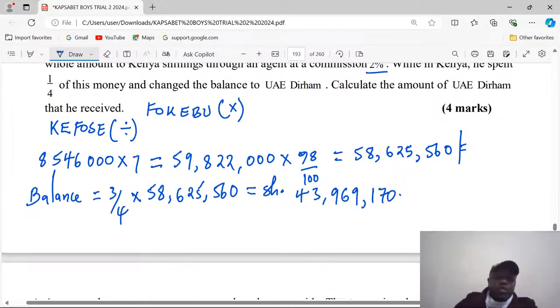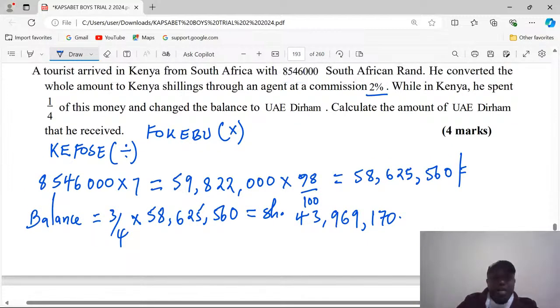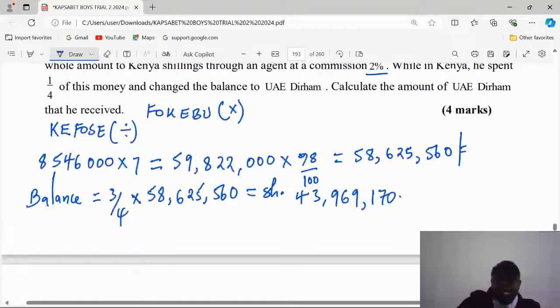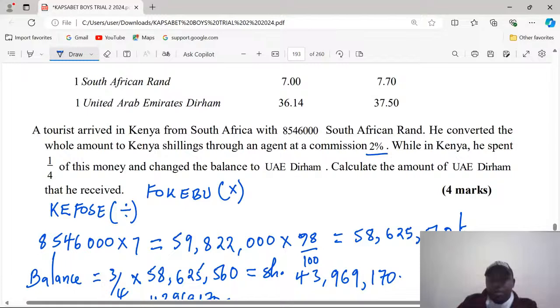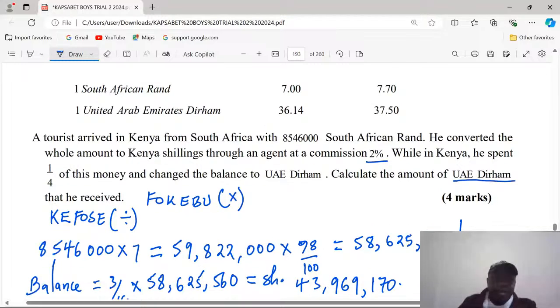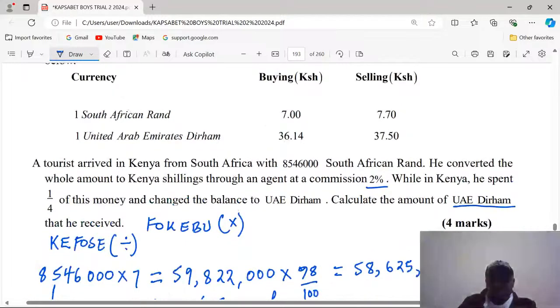And now the next thing is to apply the second acronym, which we are saying KFOSE. From Kenyan currency to foreign currency, we just divide. We use the selling column, and therefore it will be 43,969,170 divided by the UAE dirham rate, 7.5.